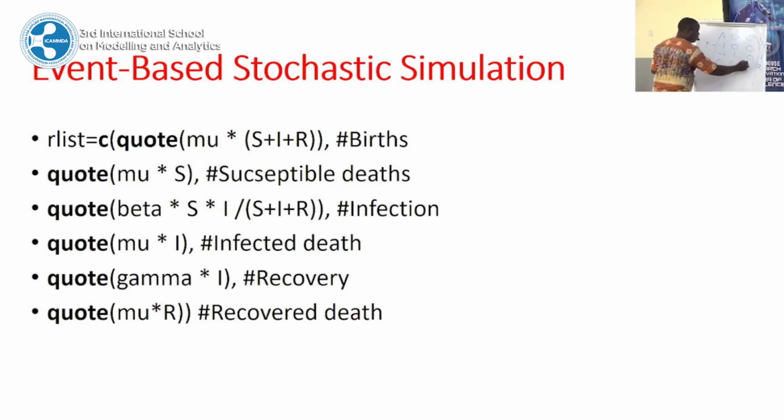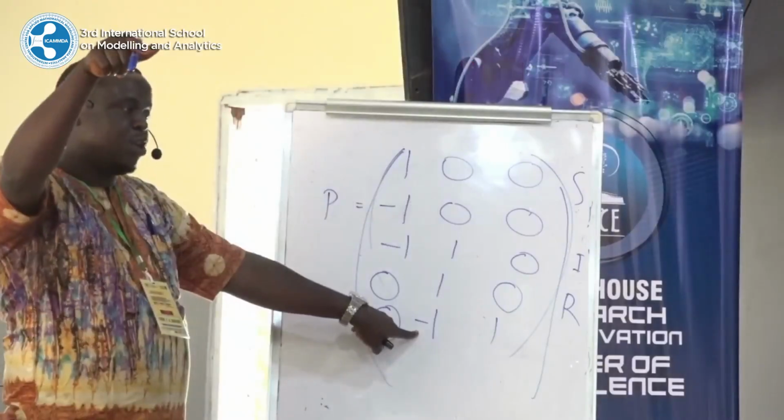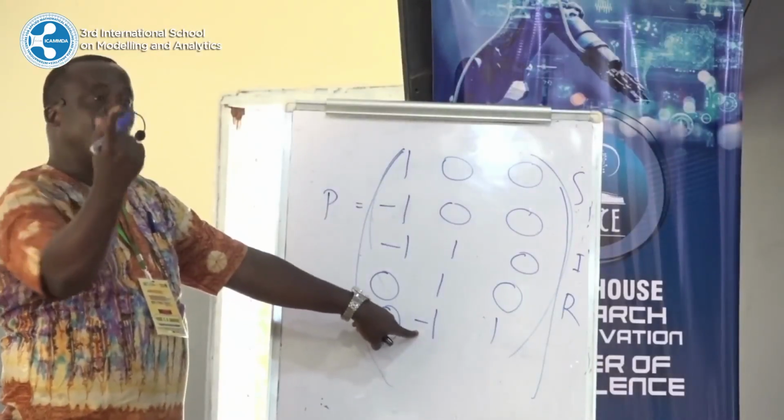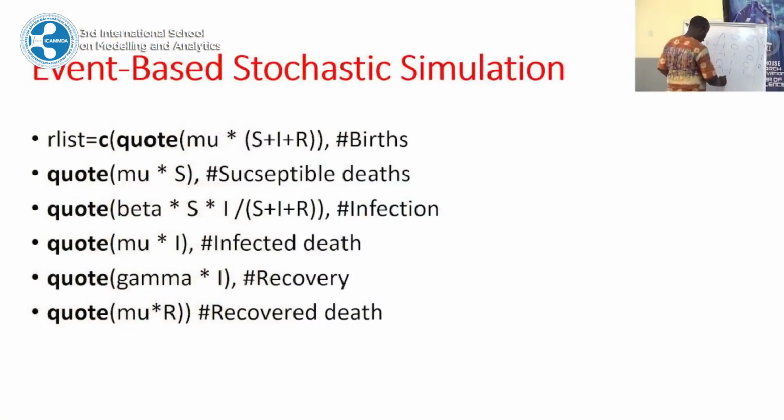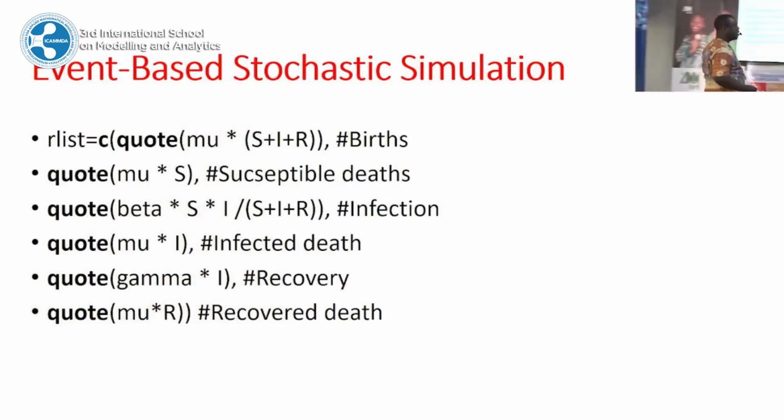And then gamma: something is going out of I because it's recovered, and going into R. And then the last one. So that's the matrix we'll be working on.